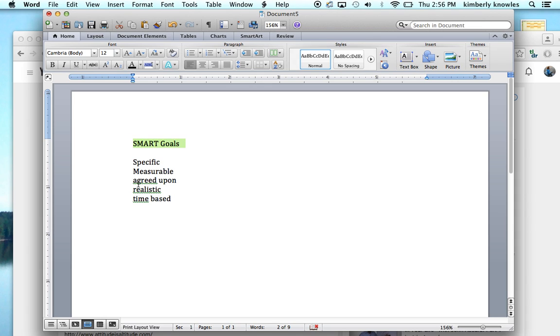SMART is an acronym to kind of give you a guideline on how to make some good goals. I want you to start off by making long-term goals and then break them down into shorter-term goals so that we can have something to work on every day, and at the end of the year you will have your desired results, hopefully.